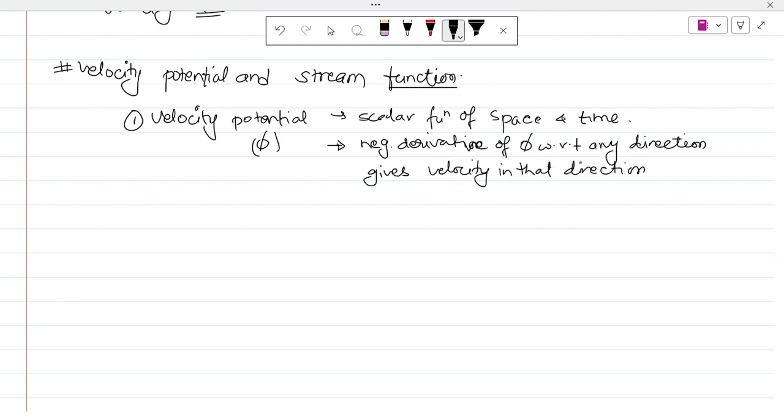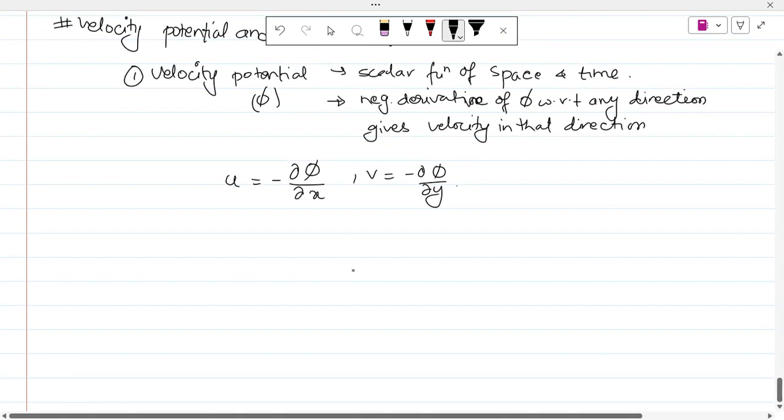So the property of the velocity potential is such: if I differentiate it with respect to x and take the negative of it, I get the value of velocity along the x-axis. And similarly, this is the velocity potential.